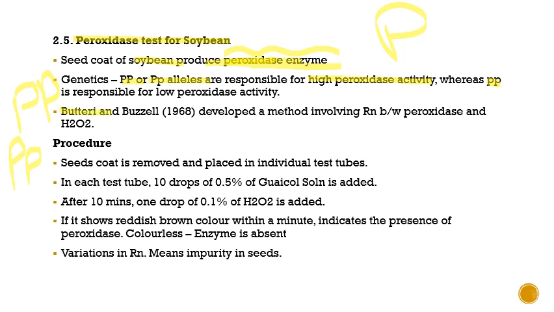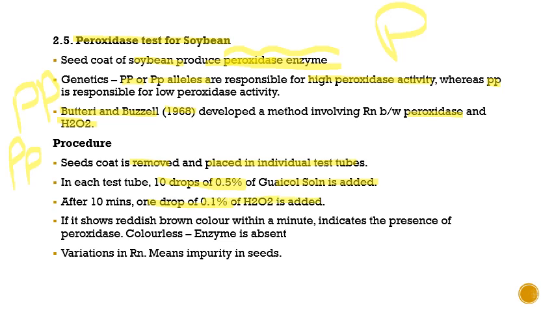So Buttery and Buzzell in 1968 developed a method involving the reaction between peroxidase and H2O2 to differentiate between the cultivars of soybean. Now coming to the procedure, the seed coat is removed and placed in individual test tubes. In each test tube, 10 drops of 0.5 percent guaiacol solution are added, and after 10 minutes, 1 drop of 0.1 percent H2O2 is added.